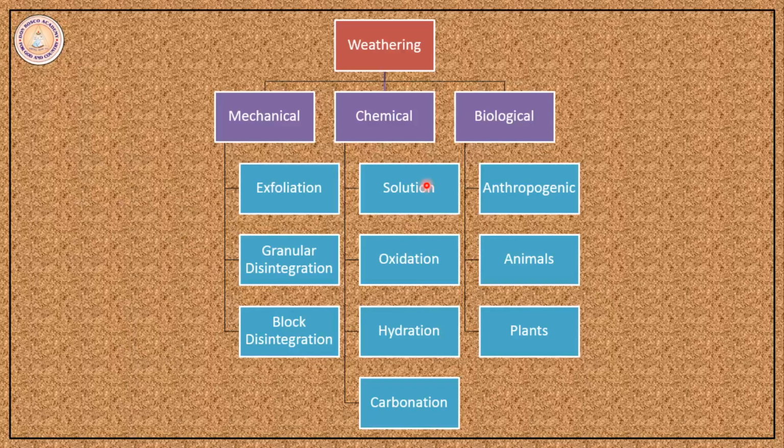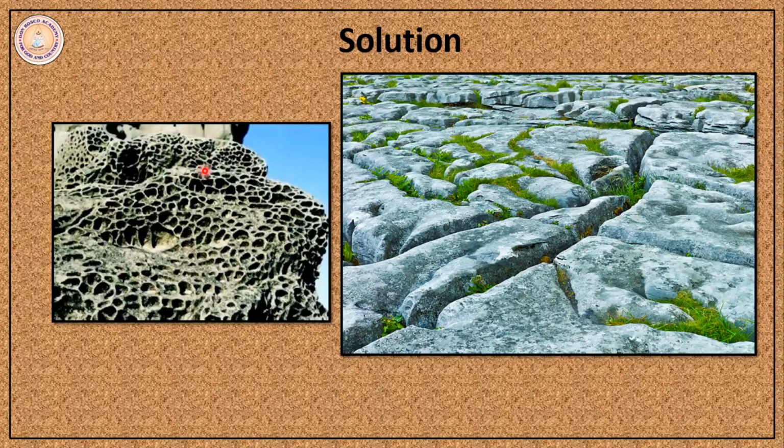So let us study in detail about all these processes. Now, as far as solution is concerned, it is the simplest process of chemical weathering. It works where rainwater reaches the ground and it is charged with some atmospheric gases.